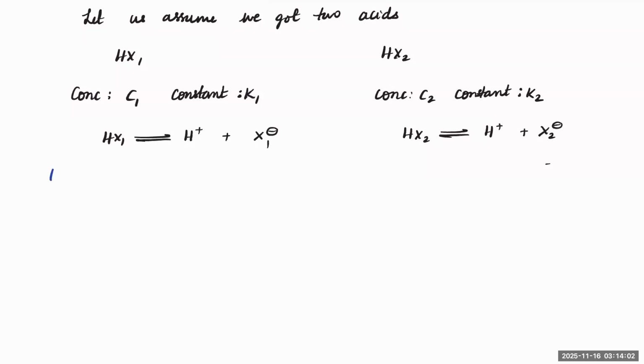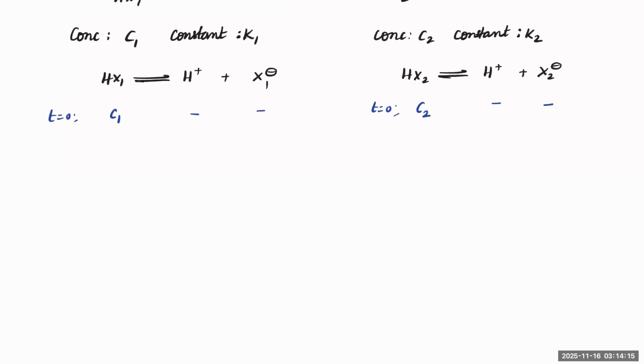So check. Initially, at time t equal to 0, I can say that this was C1 concentration and this was C2 concentration. At equilibrium, this will become C1 minus some X amount. This will be releasing some X amount and X amount.